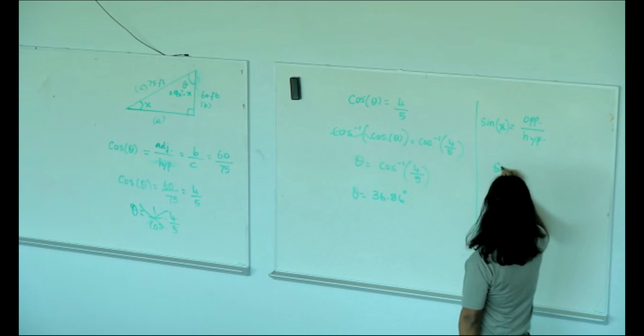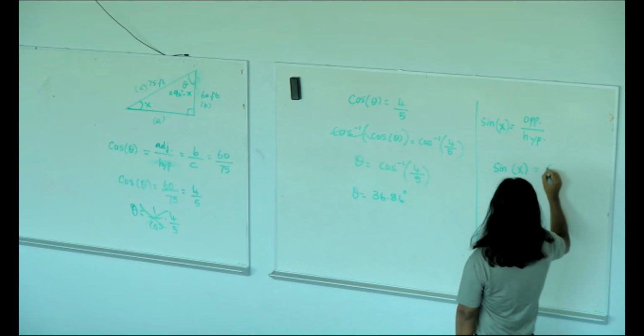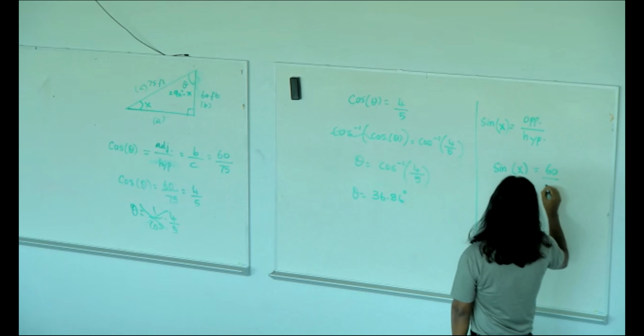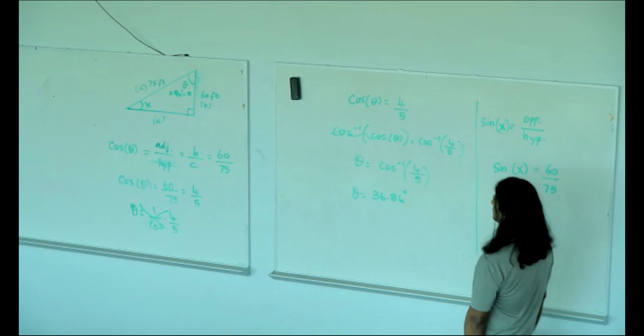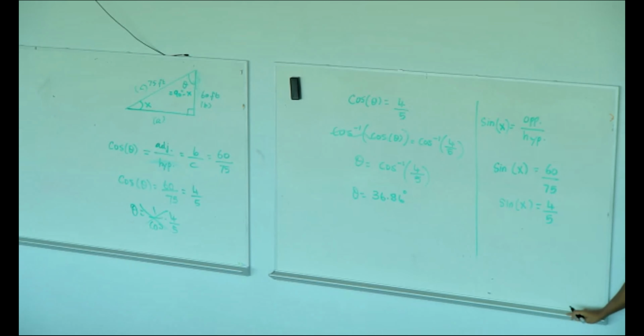Sine x would then equal opposite 60 divided by 75, which is 4 divided by 5. Sine x is 4 divided by 5.